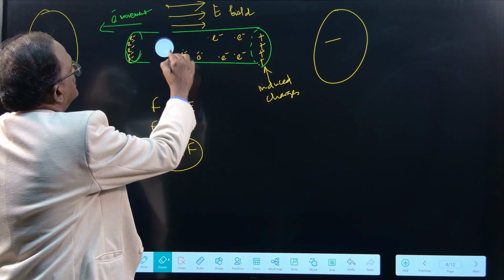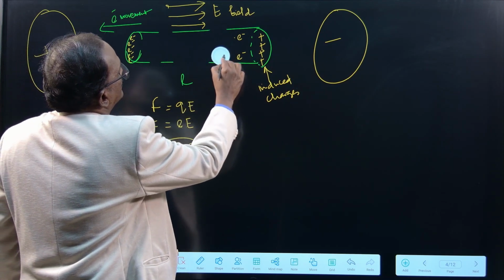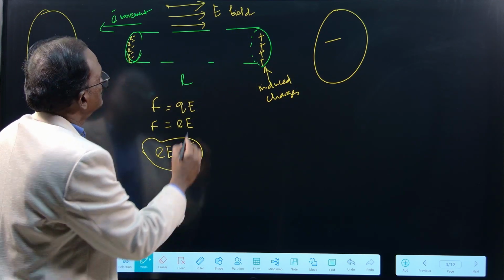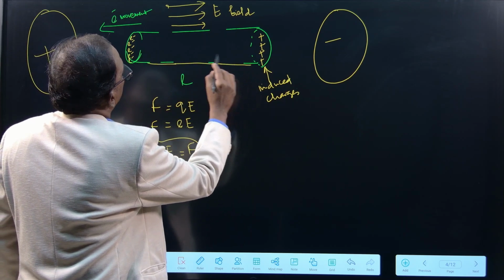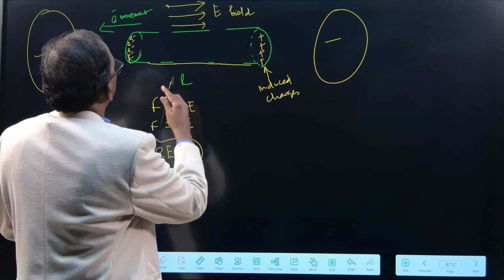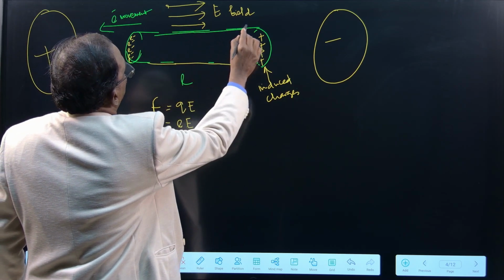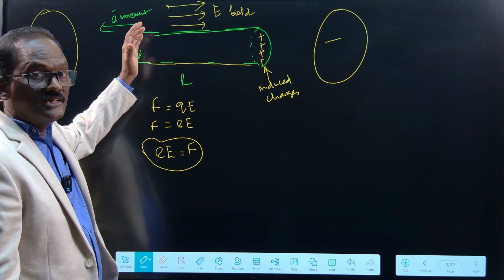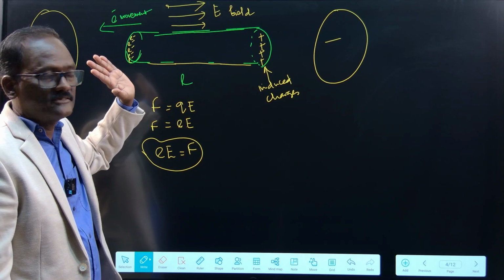Now there is no free electron left in the middle. All the free electrons have moved to the left hand side, this end.